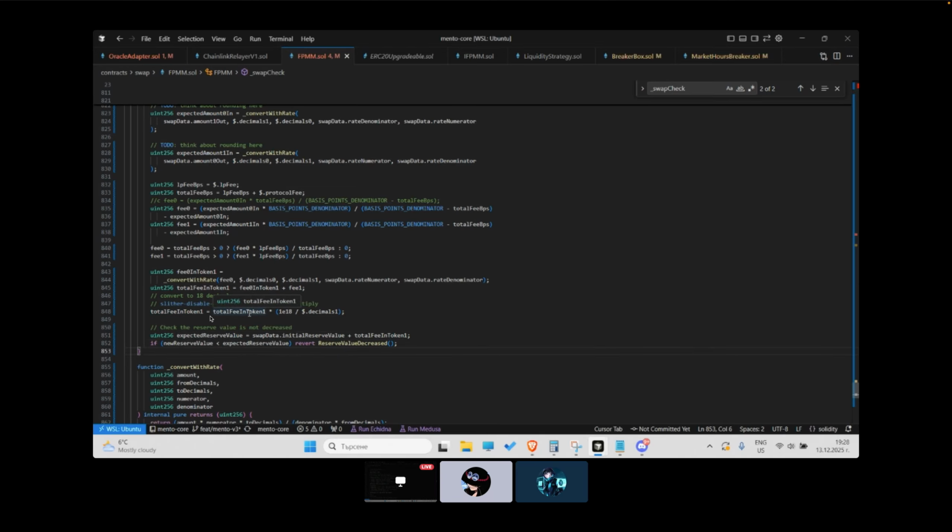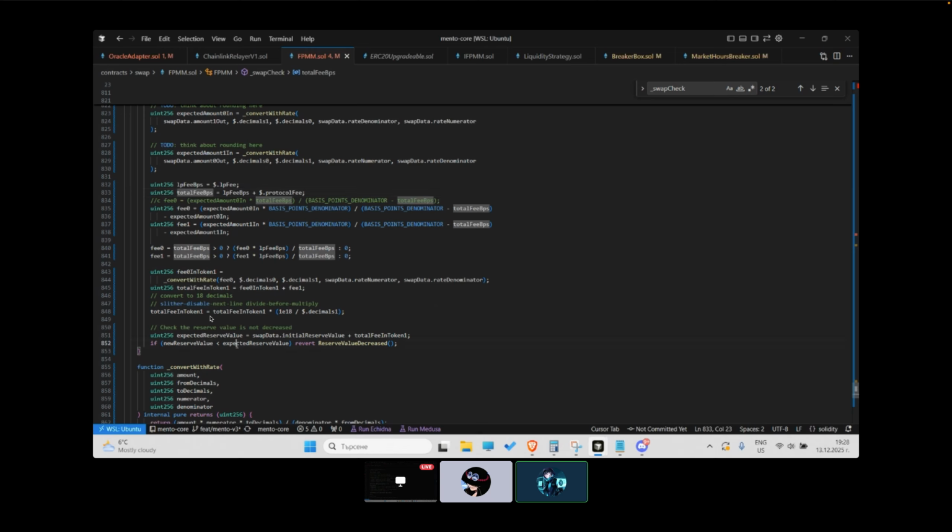No, it's because they increase. So this reserve value, the expected reserve value, is the K basically of the Uniswap. So if this increases, LP users increase also. That's how the fee is charged.